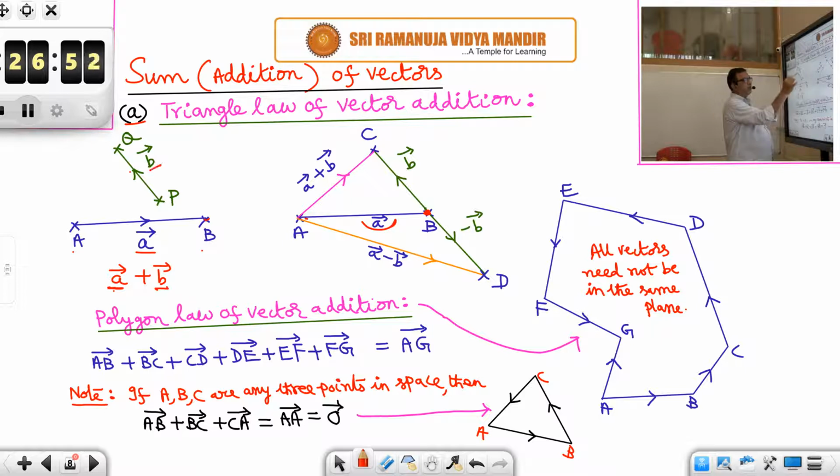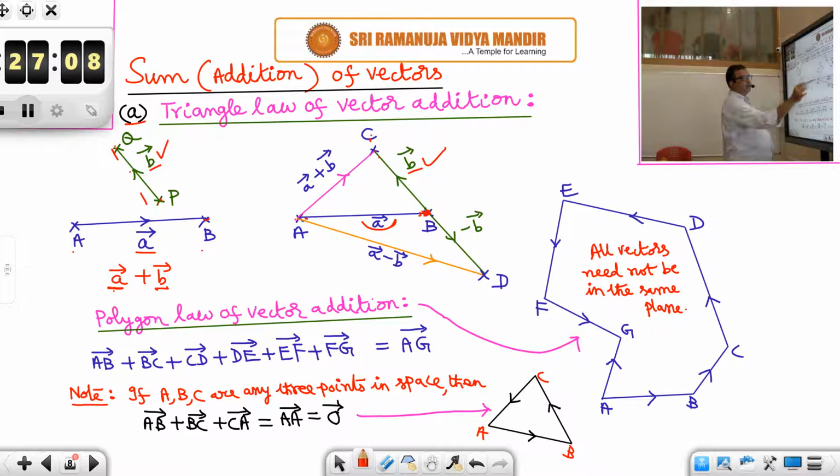So the initial point of b bar should start here, and we have to draw a line parallel to this vector b bar and also having the same length. That means BC length is equal to PQ length, and PQ and BC are parallel. So this vector is also b bar.